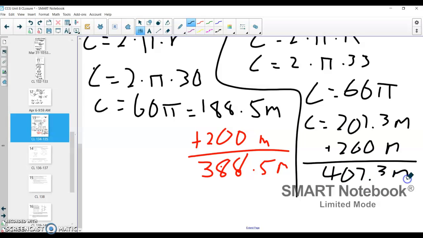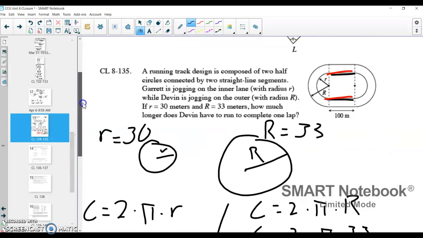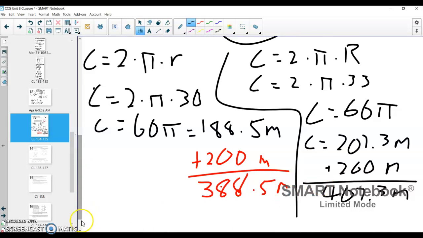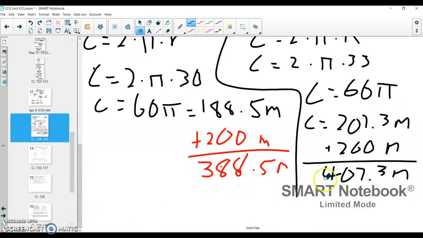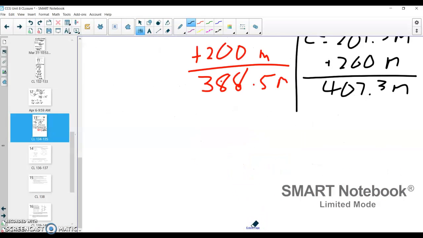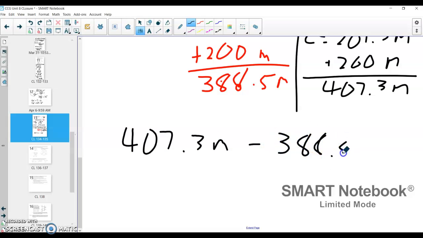I should end up getting that the total distance around the track for the outside person was 407.3 meters. If I want to find the difference in the distance those two people ran, I'm going to take the big outside runner and subtract the inside runner. So 407.3 meters minus 388.5 meters.